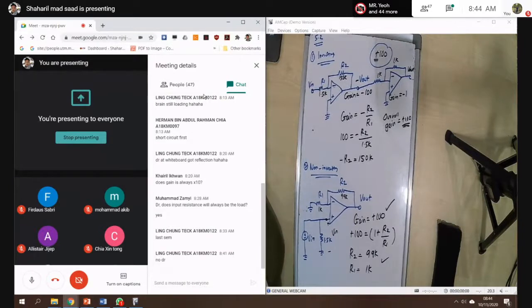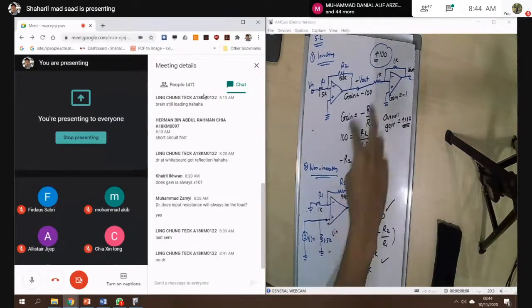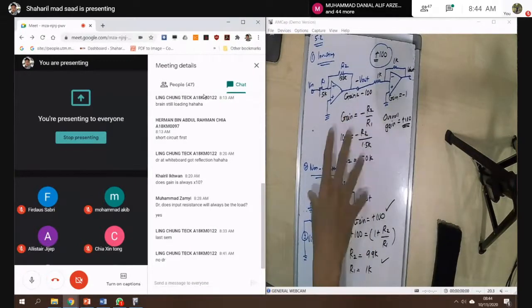Is it clear? Do you have any question? So which one is simpler to develop the circuit?